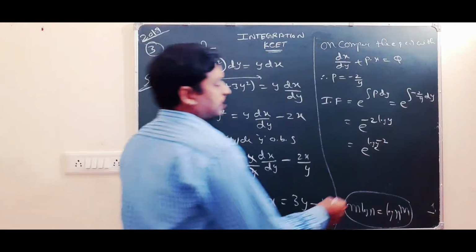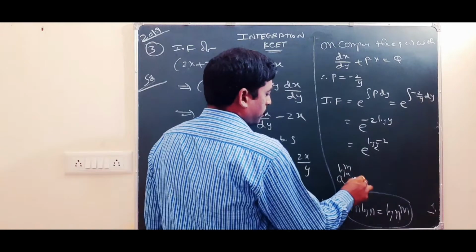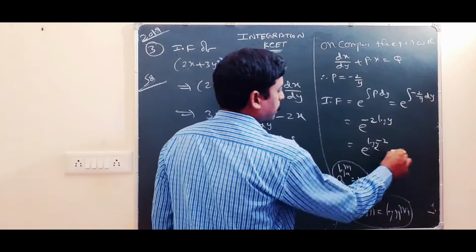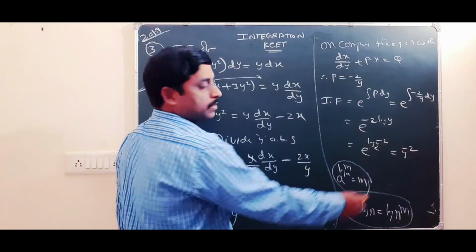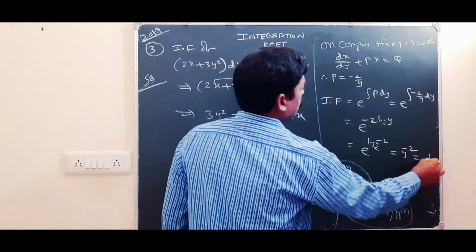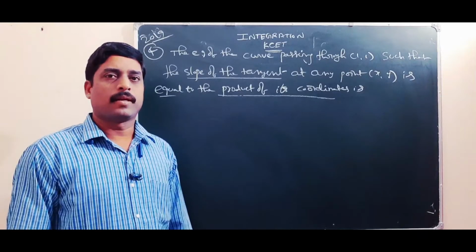We also have one formula, a to the power log m base a is equal to m. This value will be e to the power log y to the power minus 2, base e. This is nothing but y to the power minus 2, this is 1 by y square. What is the integrating factor? 1 by y square.